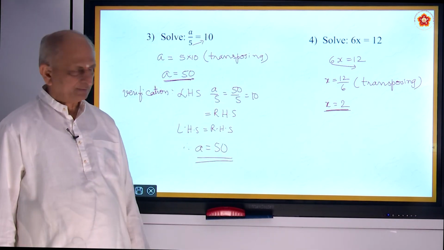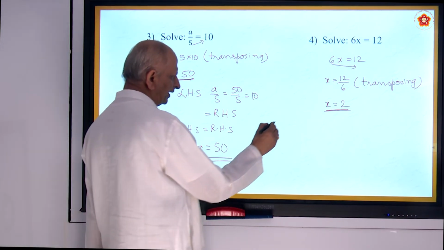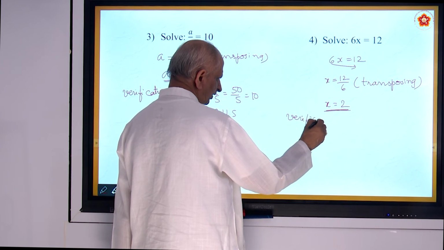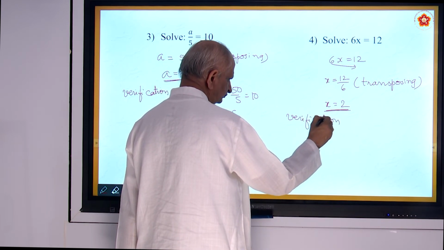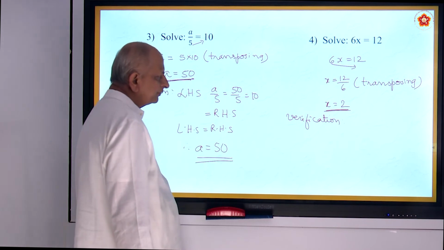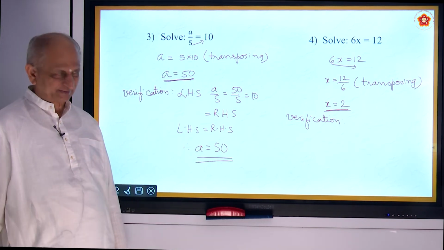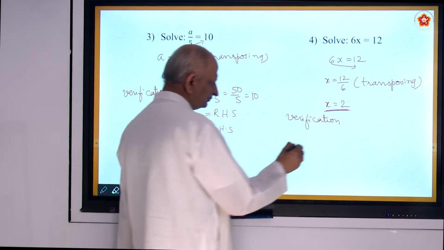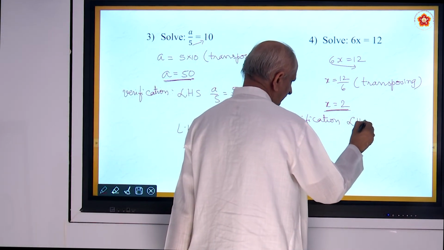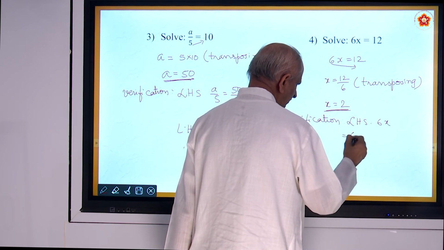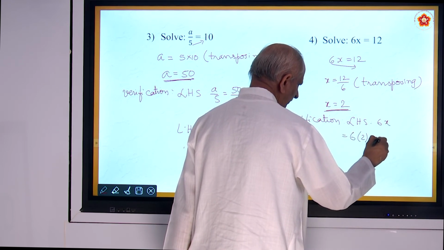Now how to verify? Again you must take the left hand side. You can also call it checking. What is there in the left hand side? You have 6x. What is the value of x? 2. 6 into 2 becomes 12.